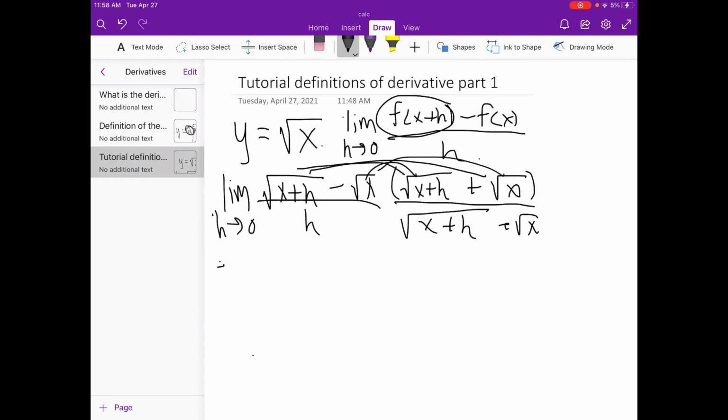Multiply this out. What does this become? We got this multiplied out. We got limit as h approaches 0. And so what happens is that we got rid of the square root signs on the top. This is what we got now.